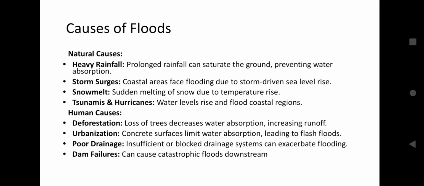Even in the Himalayas region, the river Ganga originates there. If the snow suddenly melts for some reason, the water level of the Ganga river will suddenly increase. Due to snow melt also we get floods.